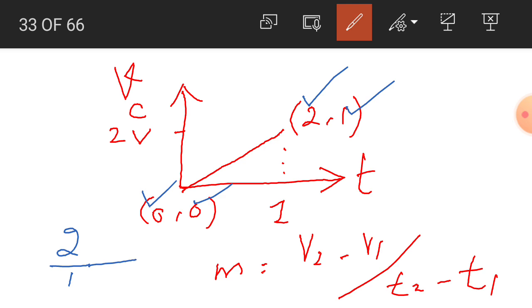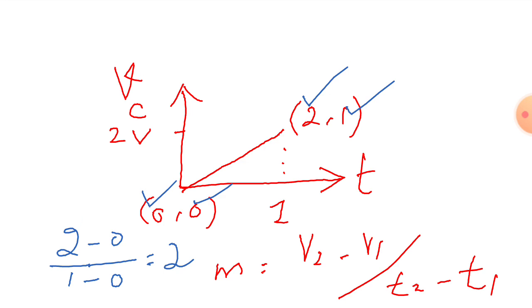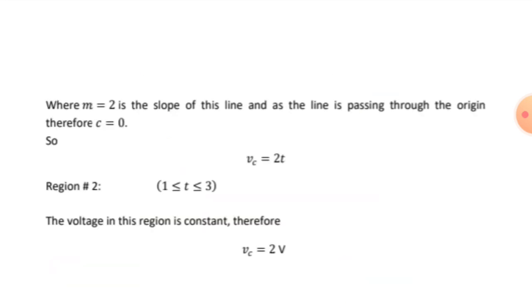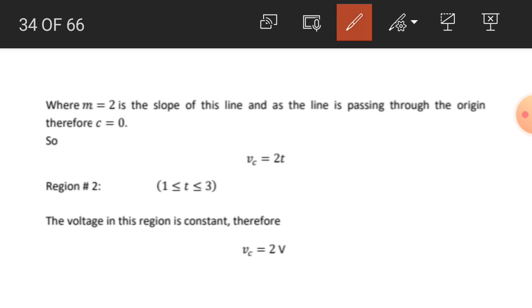Let me write it down in this form. We have 2 minus 0 divided by 1 minus 0, and the slope of this line is 2. So we have calculated the slope of this straight line, which is 2. Y-intercept is 0. So the equation for this straight line is 2t.